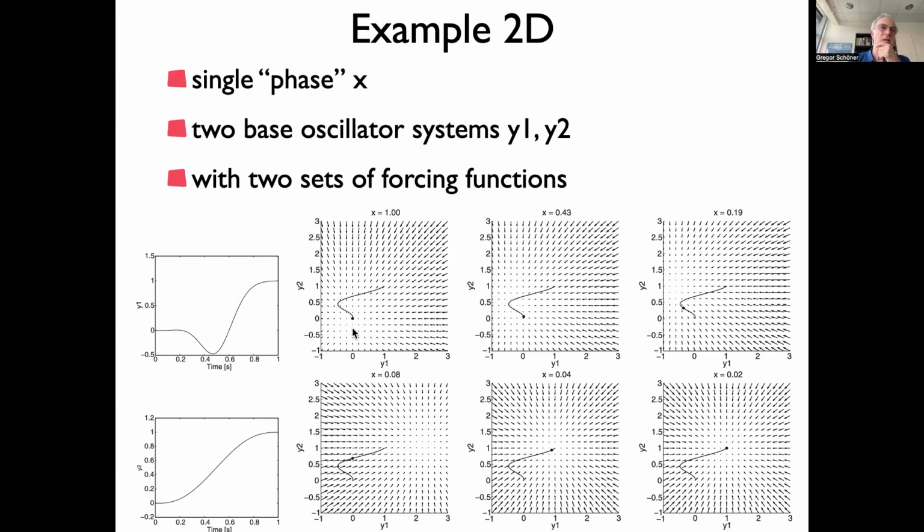And so initially you have an attractor here, and then what happens is that this forcing function now moves effectively the attractor around. You see now the attractor is somewhere here, and now it's somewhere here, and now it's somewhere here, and then there. So you could think of that as a vector field.